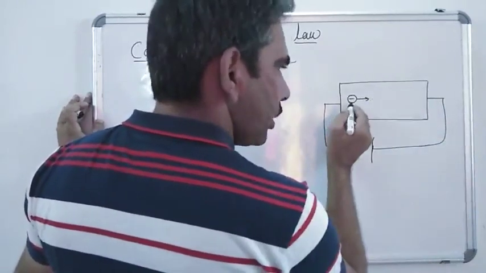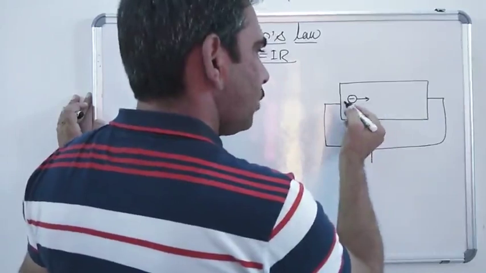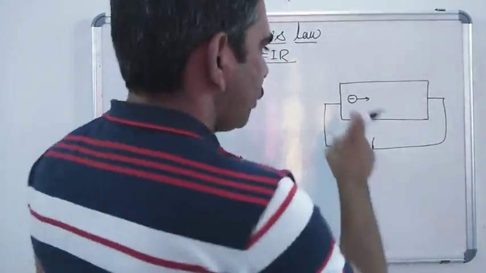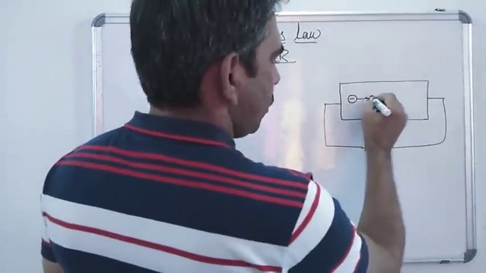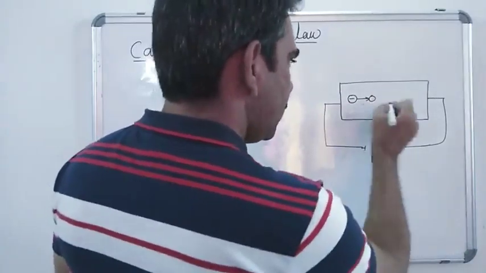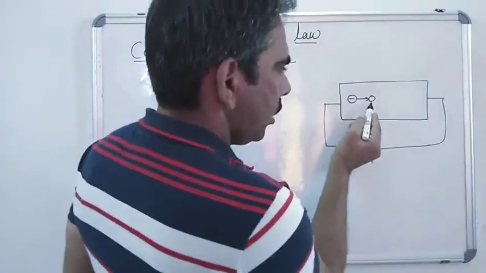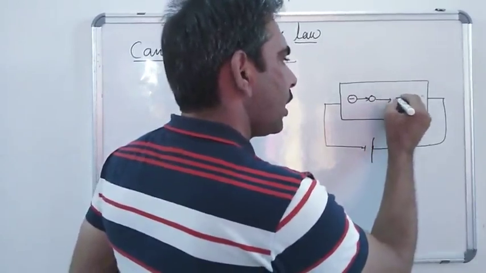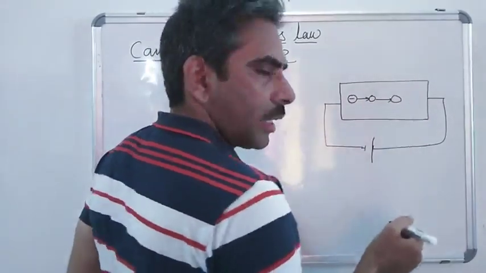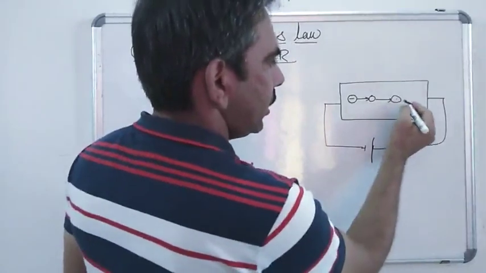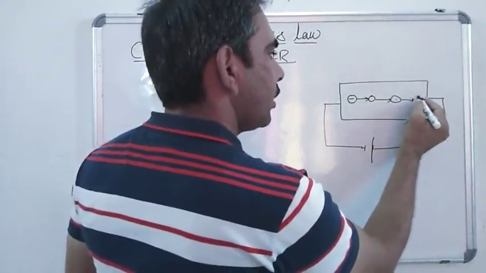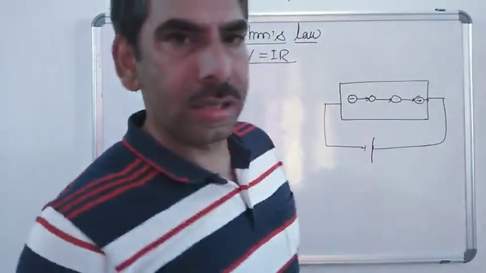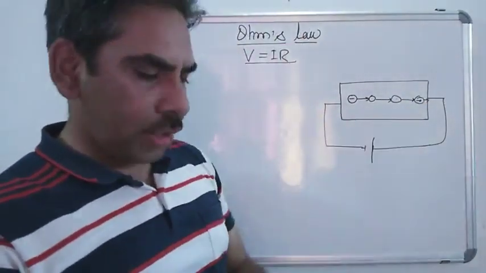So their motion is not so free that they move from one end and reach the other end of the conductor without any incidence. During their motion they collide with the other atoms of the conductor, hence their motion is prohibited, or we can say opposed. They start their journey again, and again they face collision with the other atoms or ions of the conductor, and then they start again, face collision, and then reach the other end of the conductor by facing so many collisions.